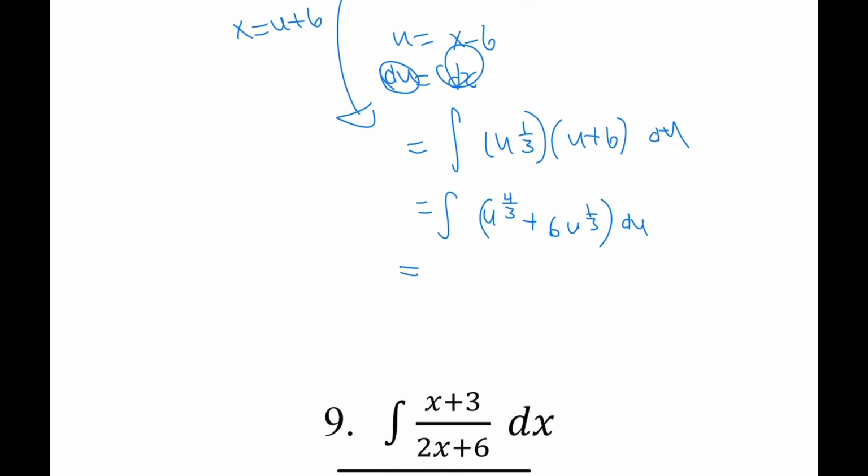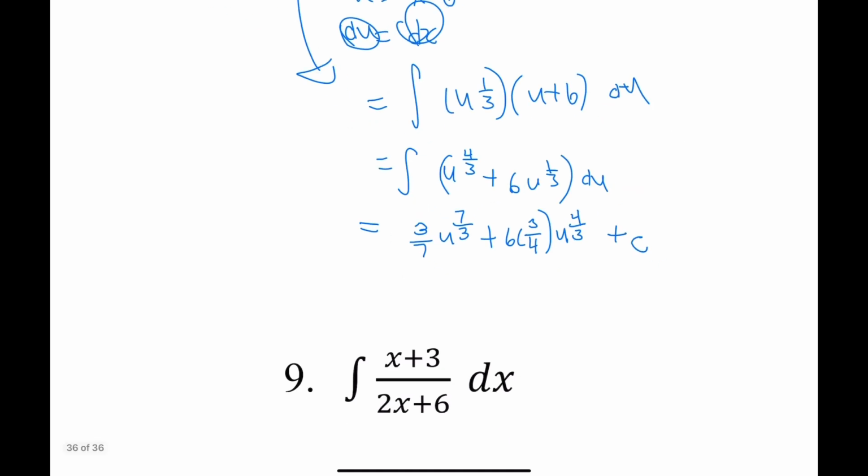Take the integral of this, so that would actually give us 3 over 7 u to the 7 over 3, plus just 6 times 3 over 4 times u to the 4 over 3 plus c.